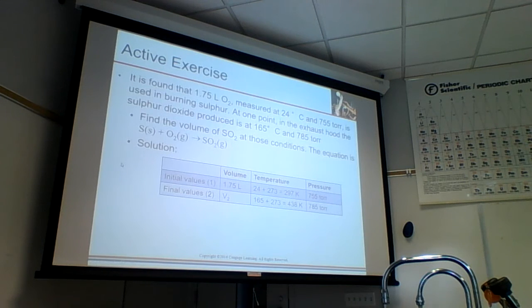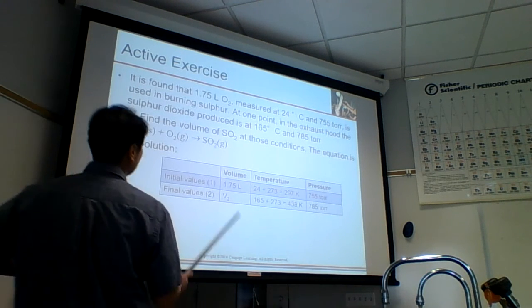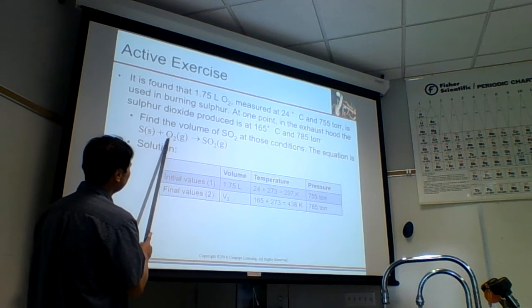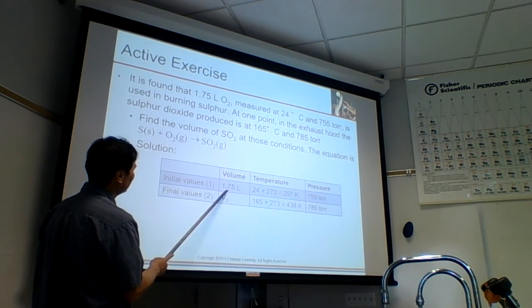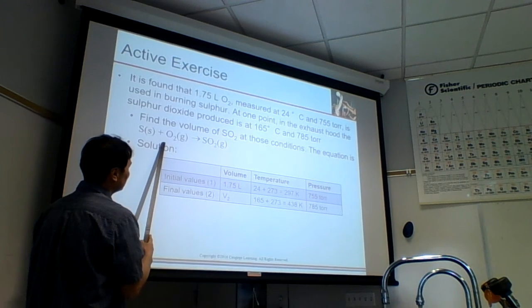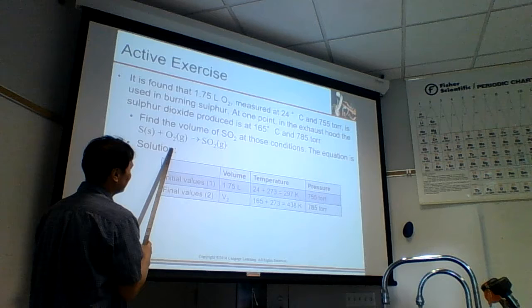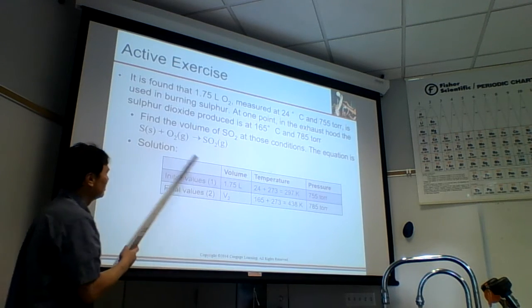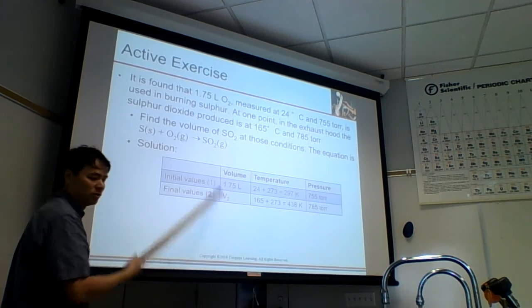It doesn't matter how you do it. Let me take that back. They're doing O2. So they're saying 1.75 liters of O2 under these conditions would be how many liters under the new condition? I didn't do it that way, but it doesn't matter. You could do it either here or here. You got to convert one or the other.